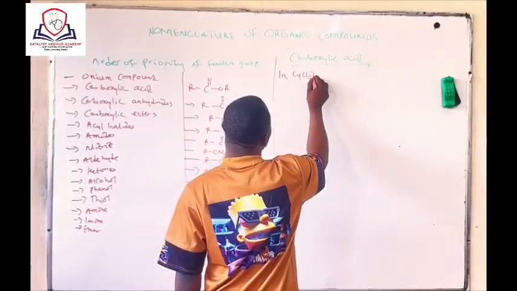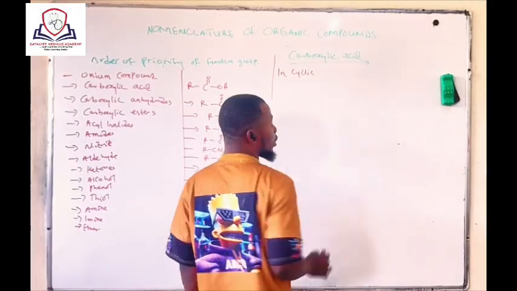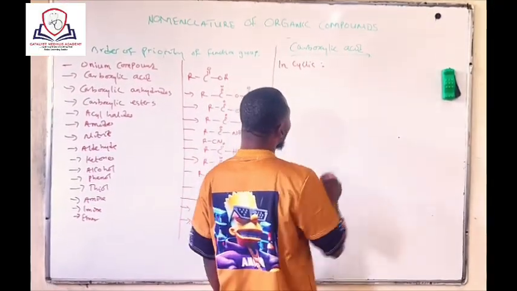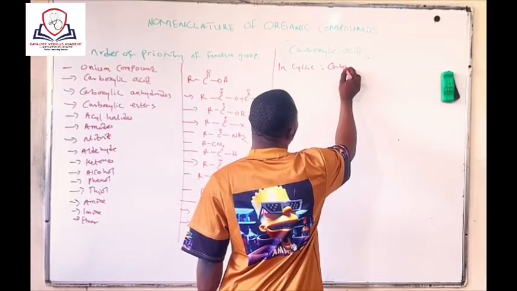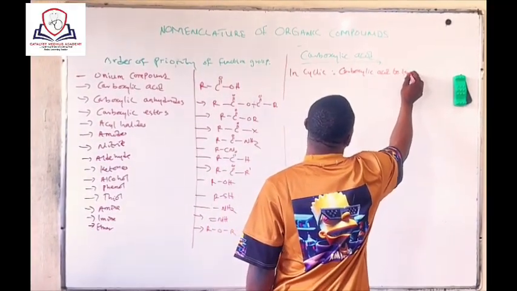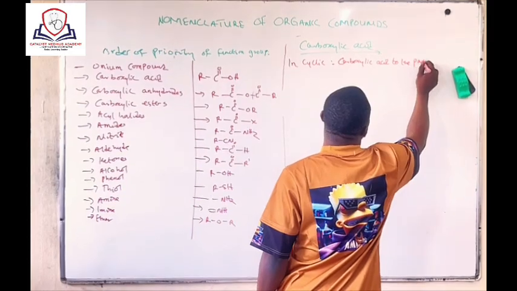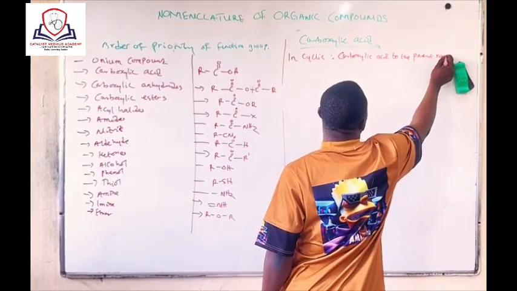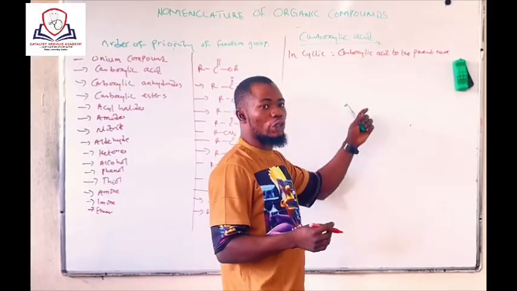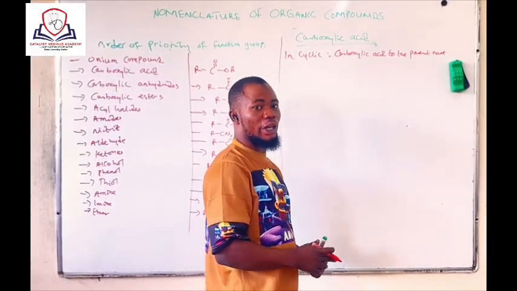Now, moving to the cyclic form. If they occur in cyclic form, that is, if there is a ring in their structure, you just add carboxylic acid to the parent name.